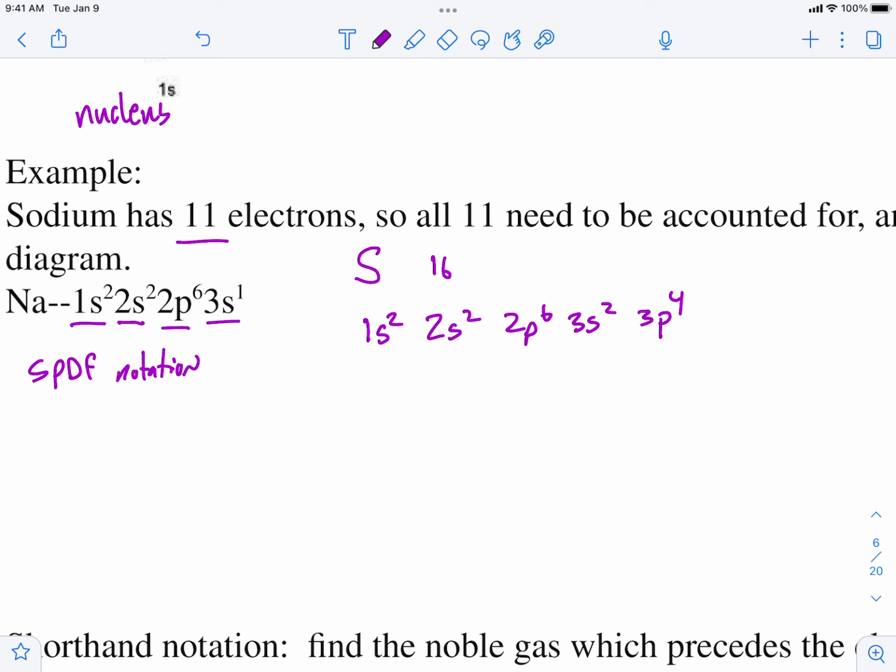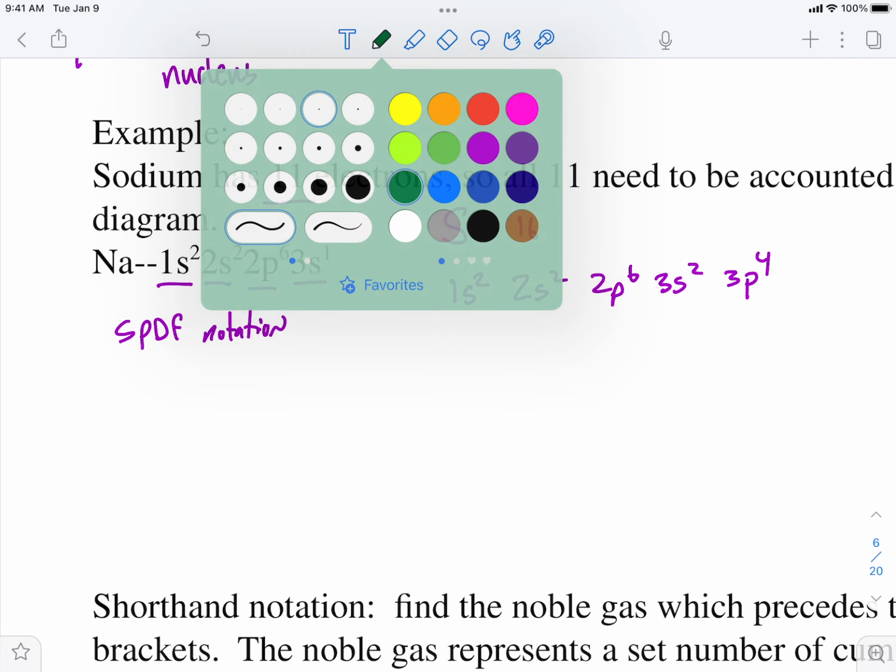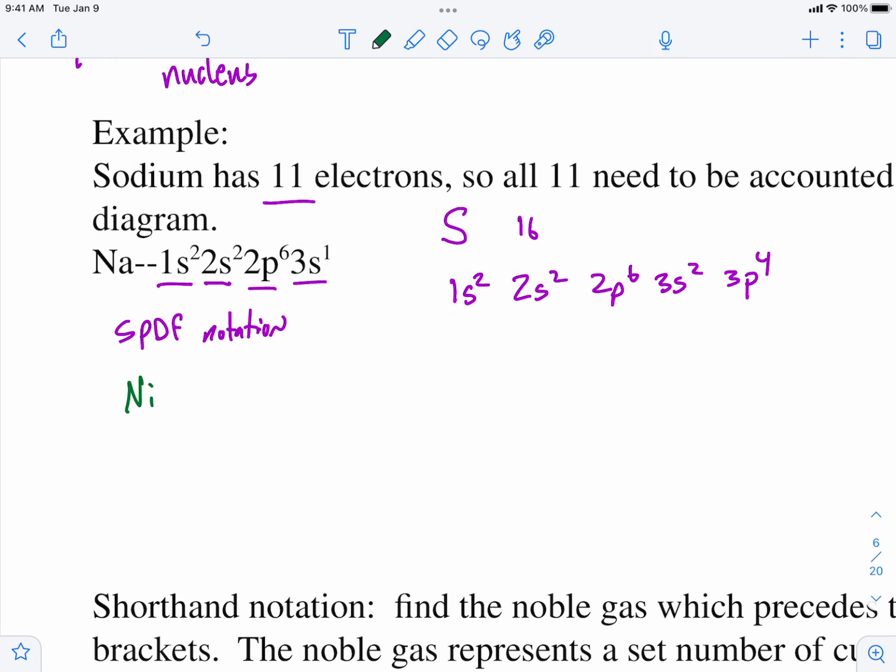Let's pick another one. Let's do nickel. Nickel has 28 electrons, and these always start the same way. Aufbau principle. Build up from the bottom. Take a second, jot it down, and see what you get.